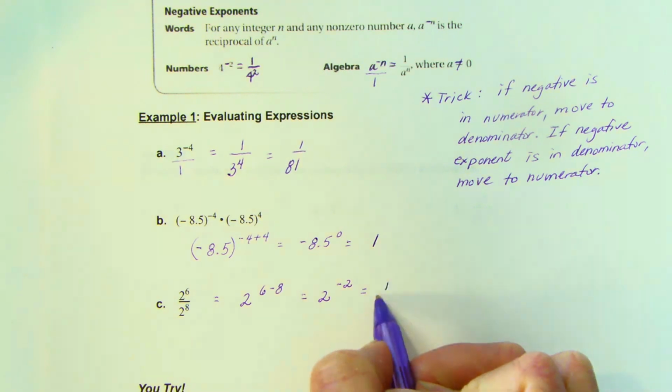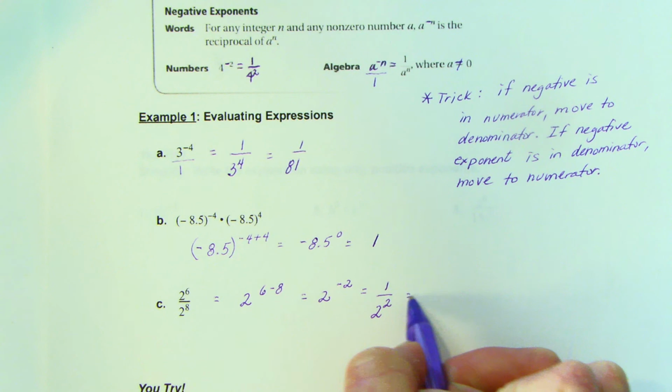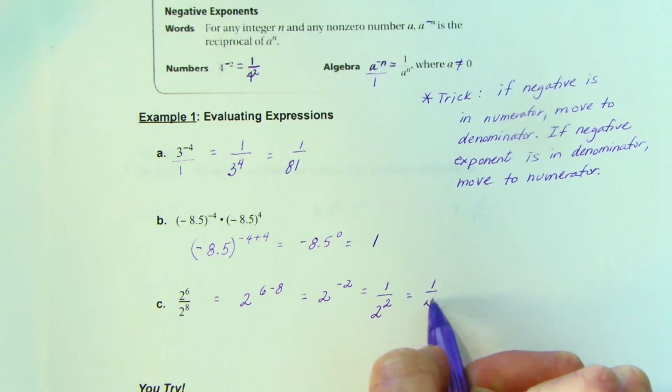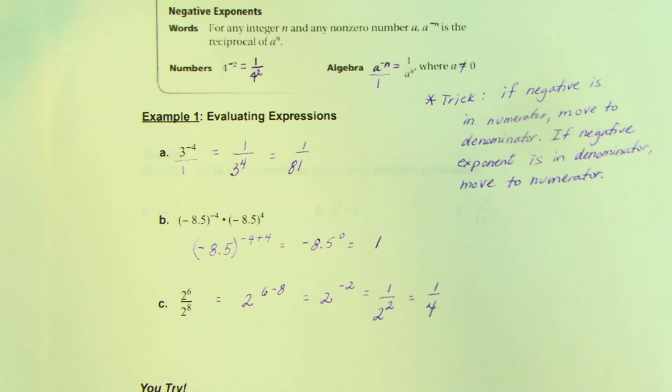So I'll have 1 over 2 squared, which is 1/4. Right? So when we had a negative number in the numerator here, we just moved it down to the denominator and made it positive. And then there will be other examples where we do just the opposite, where the negative is in the denominator, and we're going to move it up to the numerator.